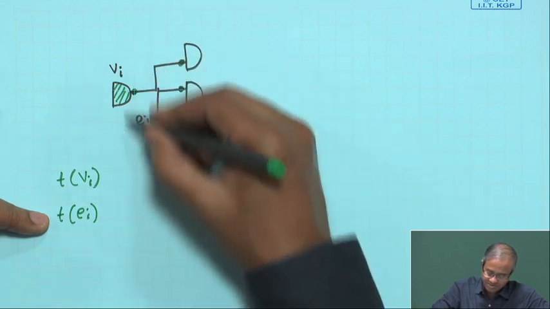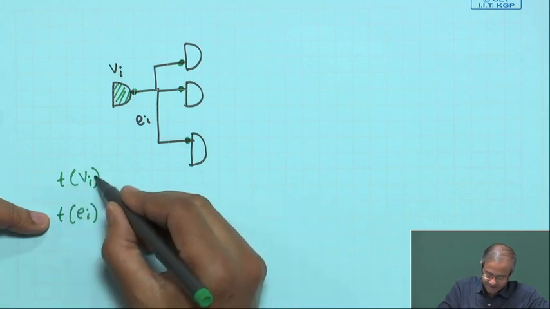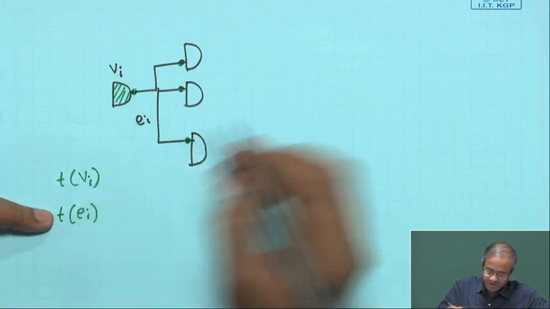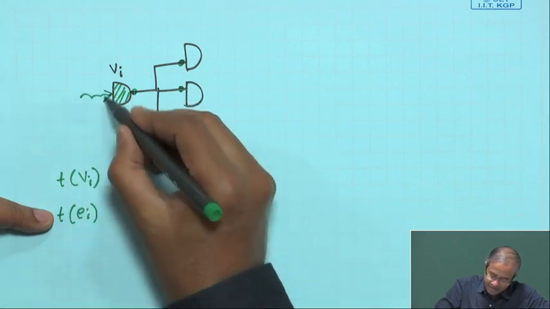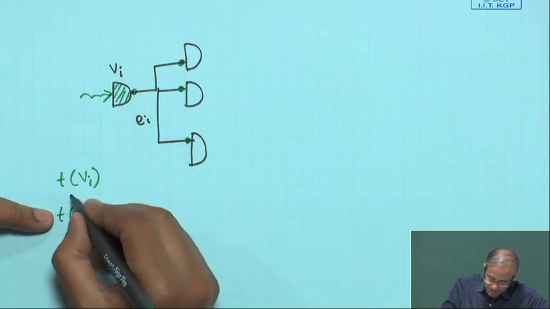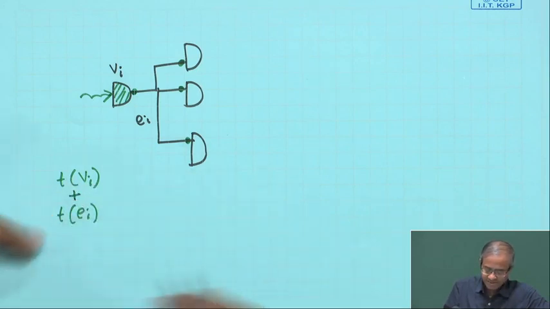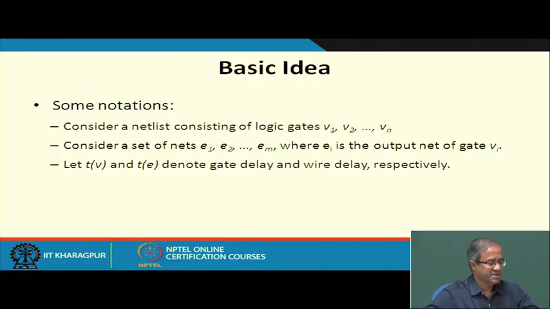So, the worst case delay of this entire net, right. So, we have two parameters, Tvi plus Tei. When some signal is coming to the input of Vi and it is reaching the input of the next gates, the total time will be Tvi plus Tei, right. Okay. So, these are the notations.